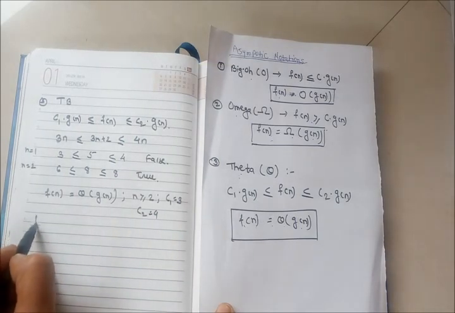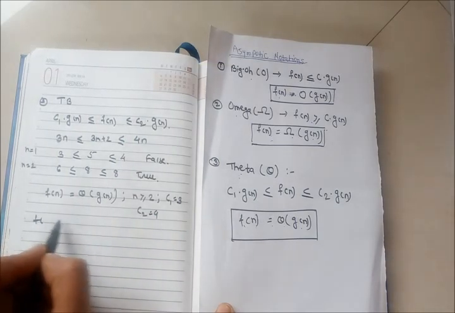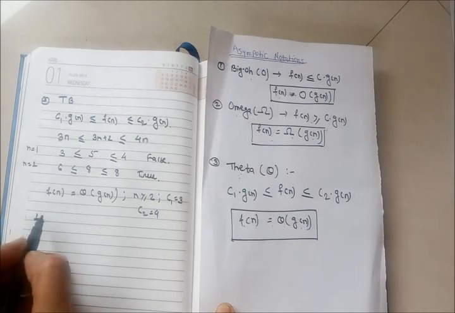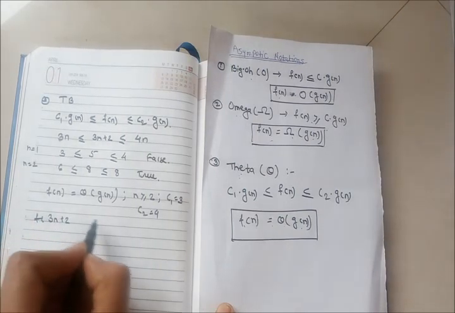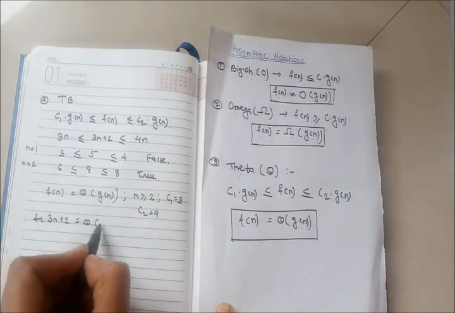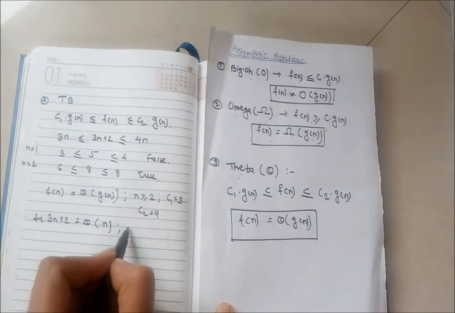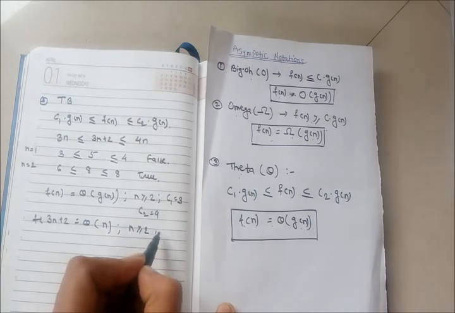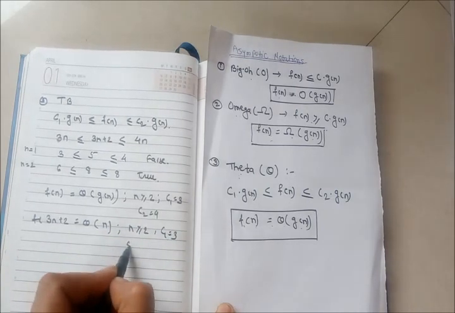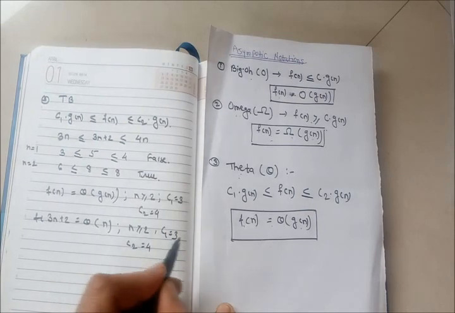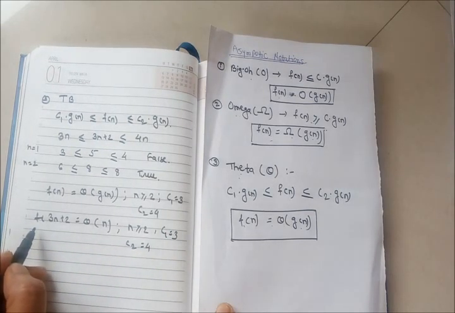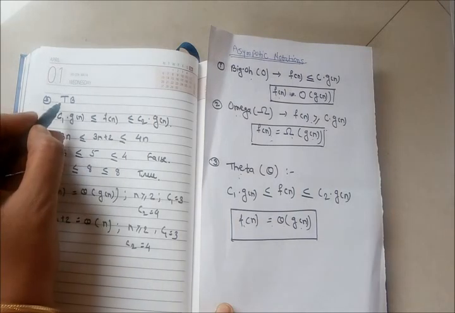So 3n plus 2 is equal to theta of g of n, with n greater than or equal to 2, c1 equal to 3 and c2 equal to 4. So this is the equation for the tight bound.